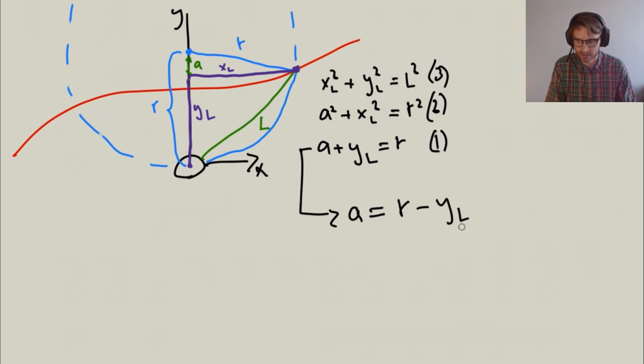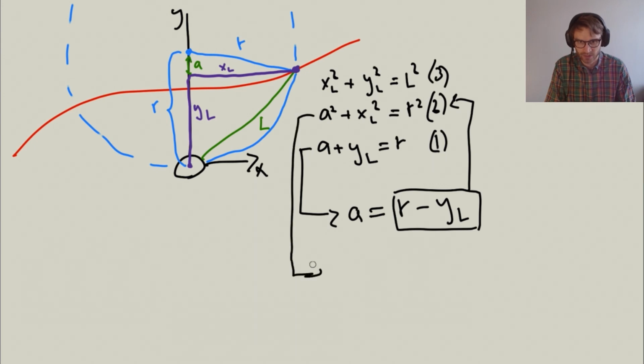Then we can use this information and plug it into this equation, which turns into R minus YL in the place of A, to the power of 2, plus XL to the power of 2 equals R squared.